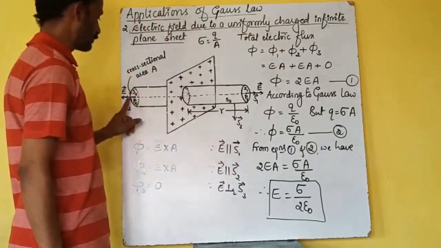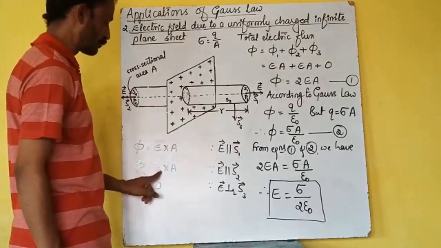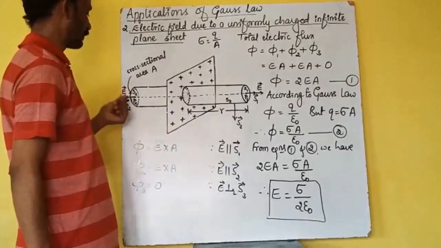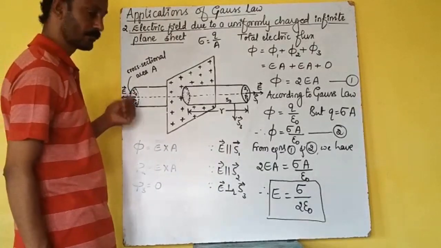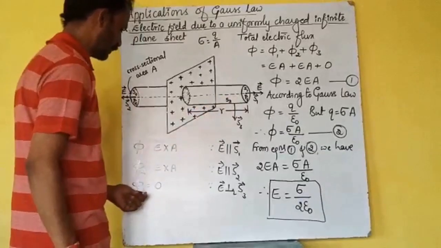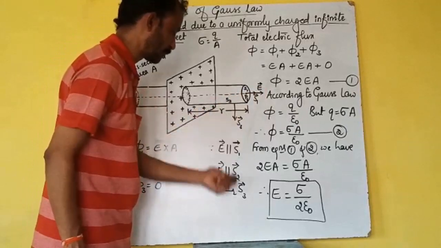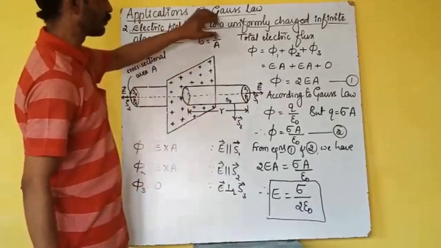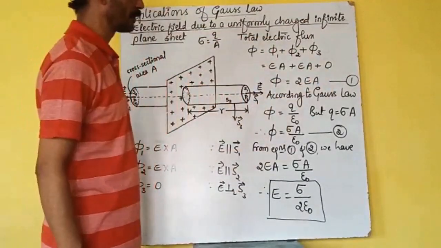Similarly, the electric flux through the surface S2 is phi 2 equals E into A, also because the electric field vector is parallel to the area vector of S2. The electric flux through the curved surface S3 is 0 because the electric field vector is perpendicular to the area vector of S3. Therefore, the total electric flux through the entire Gaussian surface is phi equals 2EA, equation number 1.